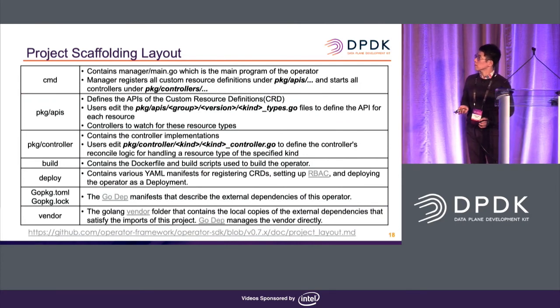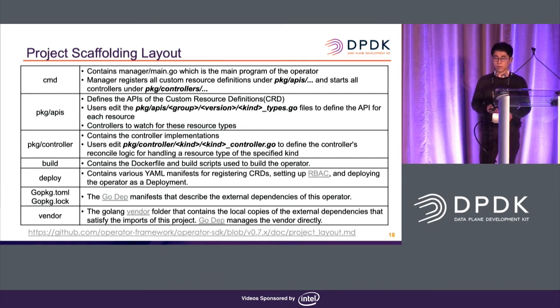So here is a detailed description of the generated files. But mainly, you need to care about the controllers and APIs. The API is a file to define the custom resources as you need. And the controller is the operator's logic itself.